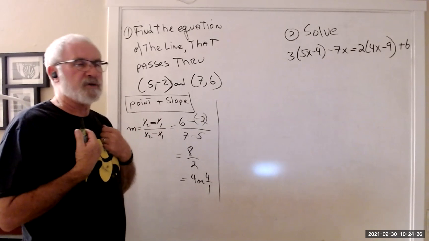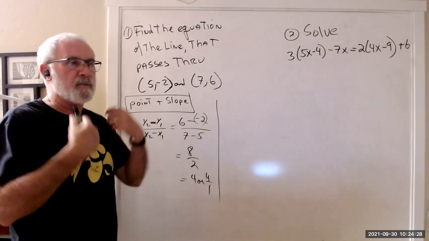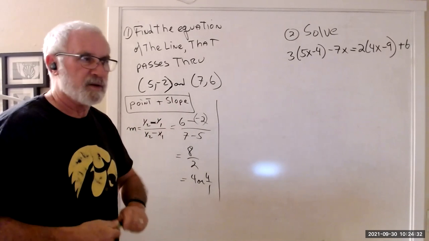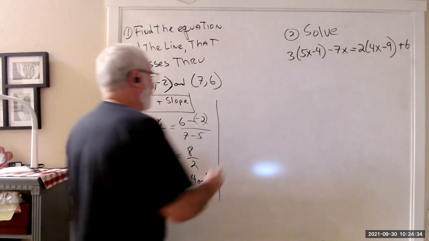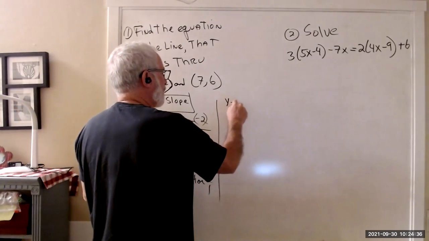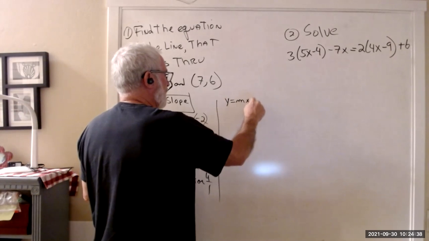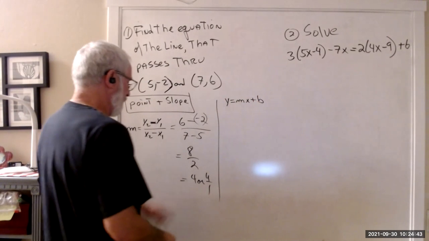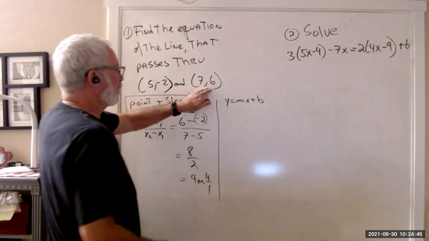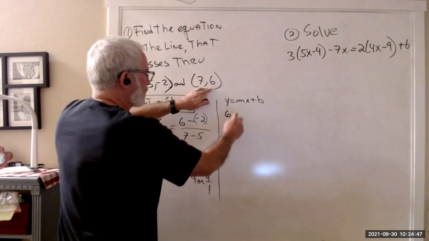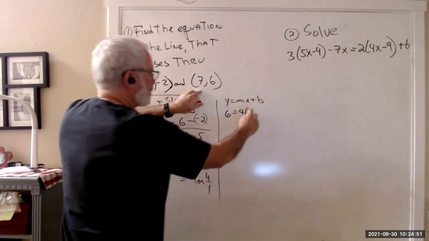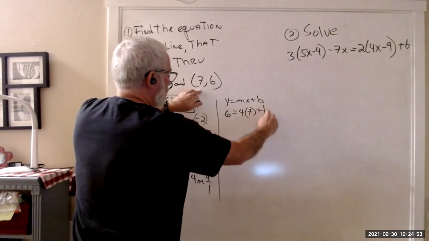I don't particularly feel it's the best way, but it's the way that everybody else does, so I didn't want to fight everybody. But we start with the formula y equals mx plus b, and we plug in everything we know. I know I'm going to use this point. When y is 6, the slope is 4, x is 7, plus b.